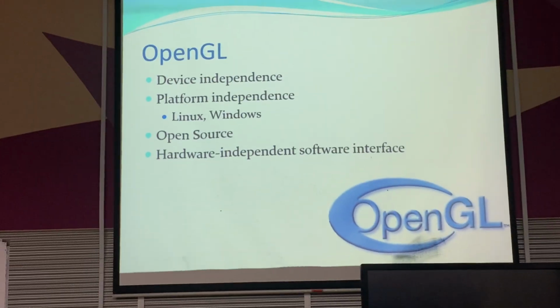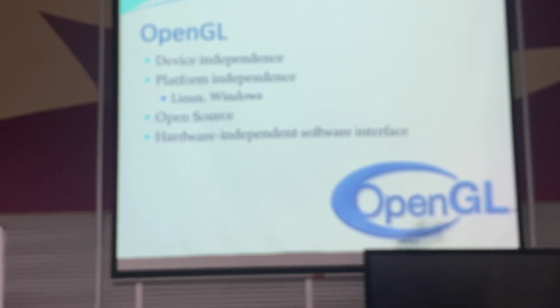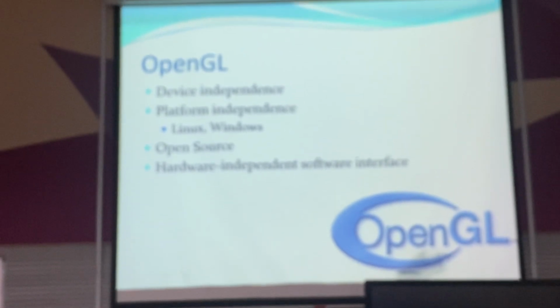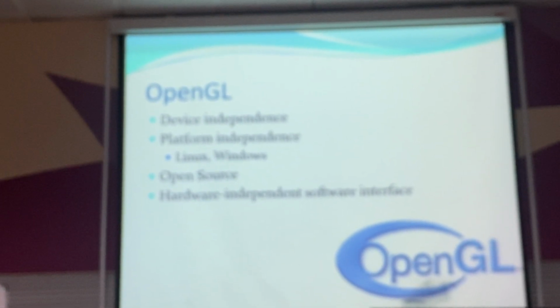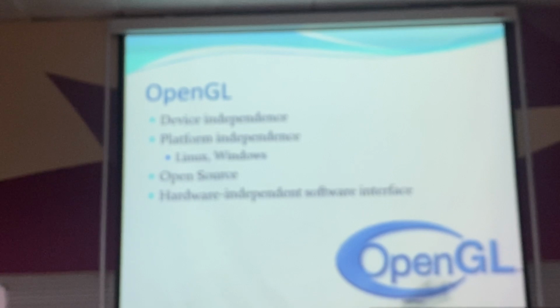We will use OpenGL as the graphics library or API in this subject, because it is device independent, so you can use it on whatever hardware: your PC, your tablet, any machine, or your mobile. It is also platform independent, with whichever OS: Mac, Linux, Windows also support OpenGL.